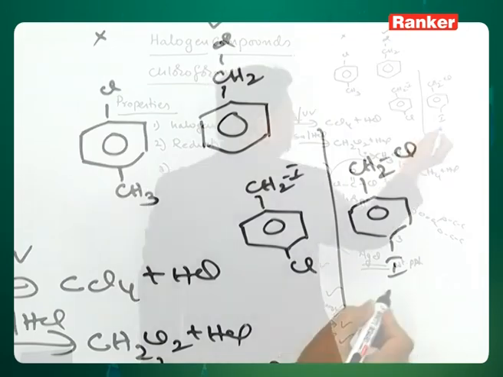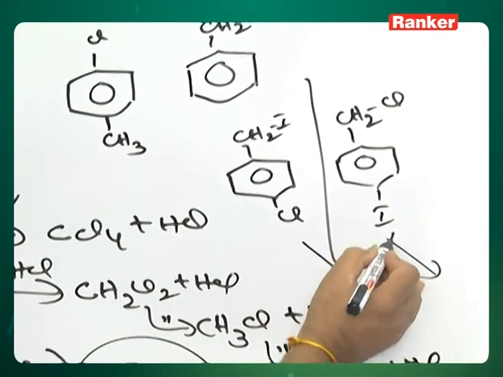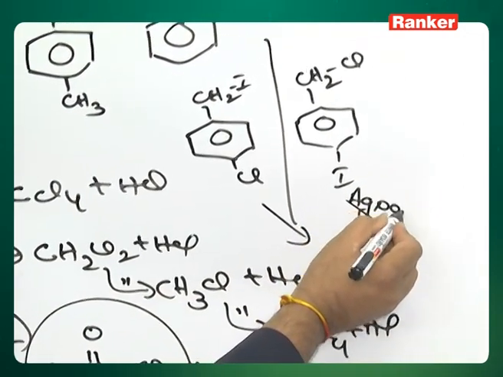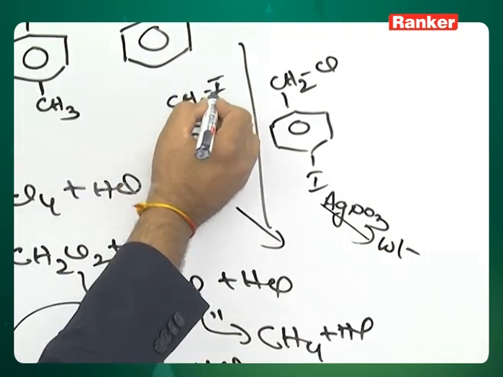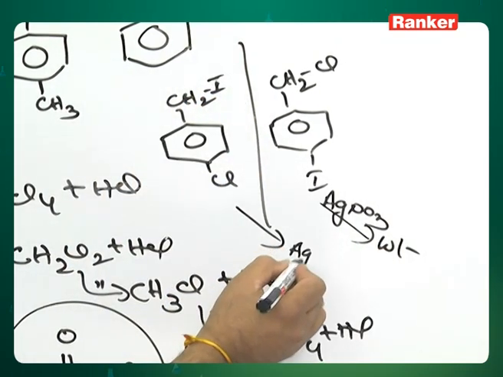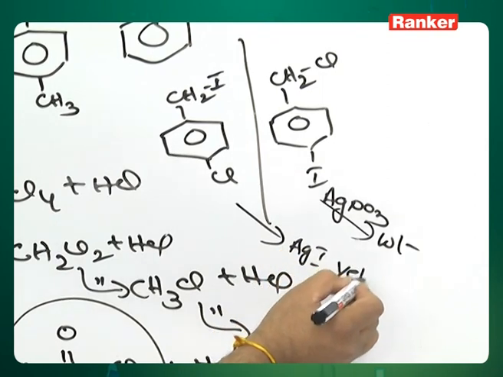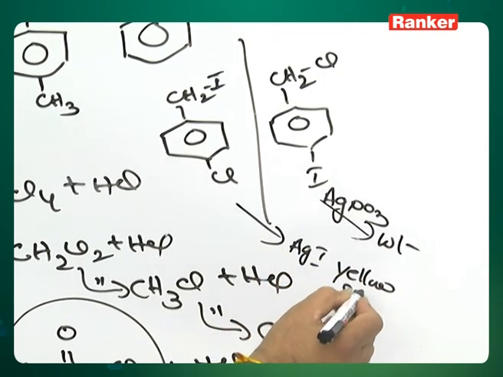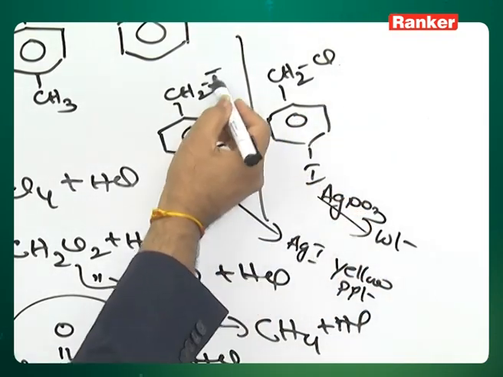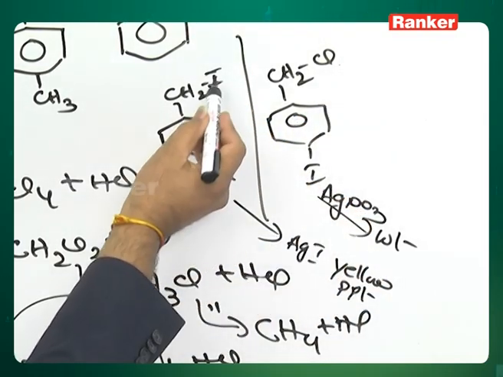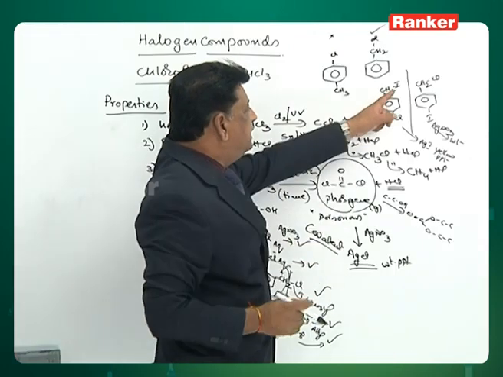So if both are treated with the silver nitrate, AgNO3, in this case a white color precipitate is coming, in this case silver iodide comes. Silver iodide happens to be a yellow color precipitate. Both are having chlorine and iodine, but the linkage through this is benzylic.